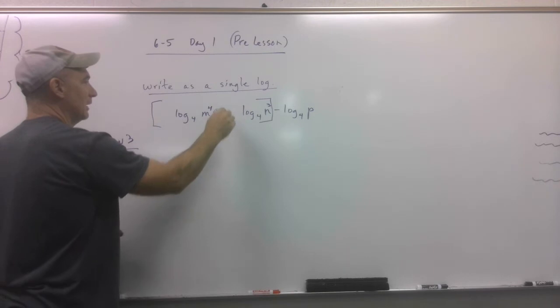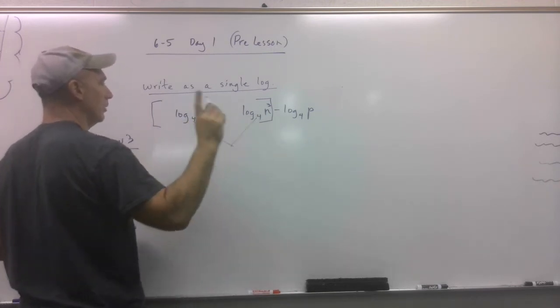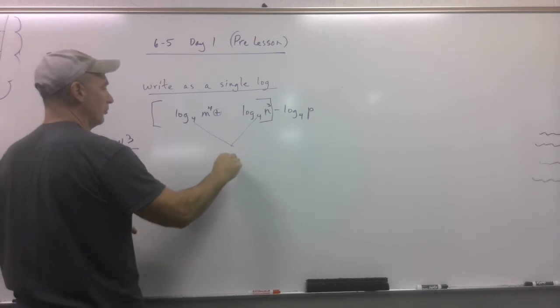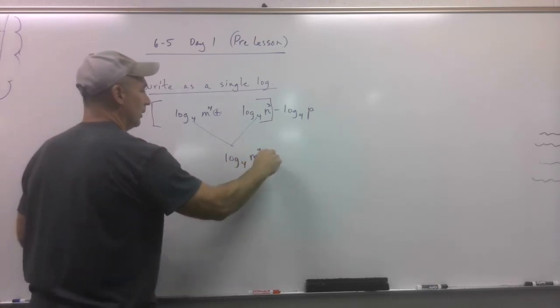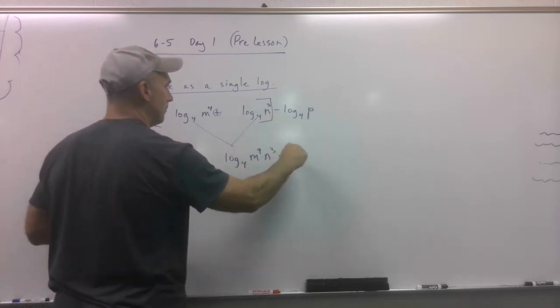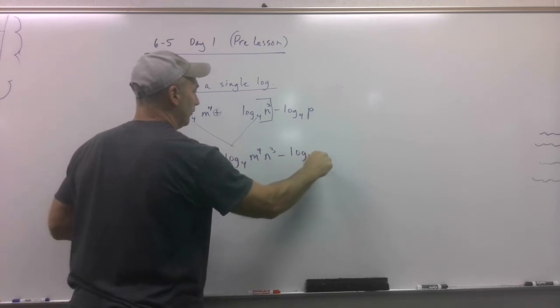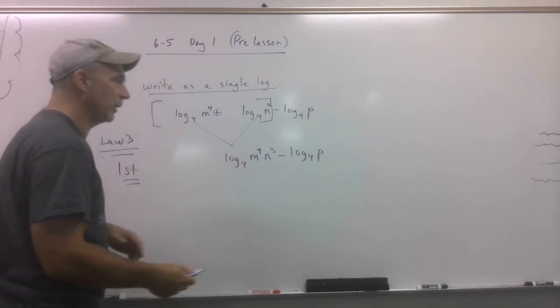What does addition mean? Addition means multiplication. So the 2 shall become 1. How? Multiplication. So that's a 4, and I get m to the 4th n cubed. That's inside the brackets. But now I got minus log 4p. So do I have law 3 going on anywhere?